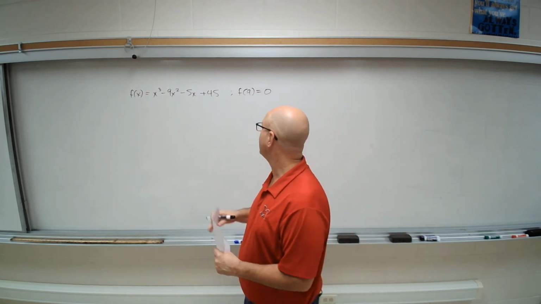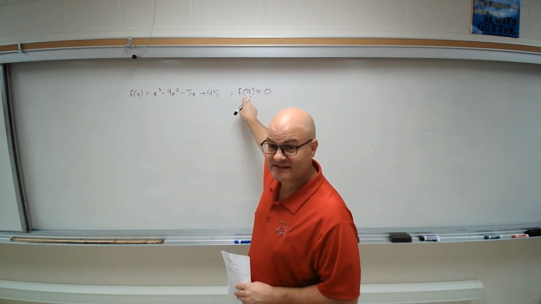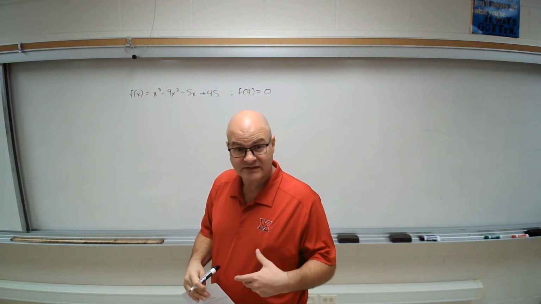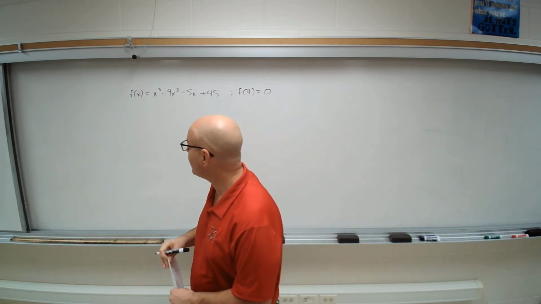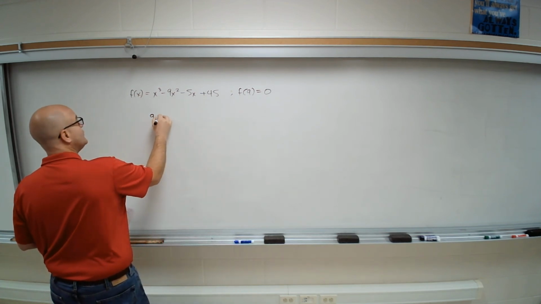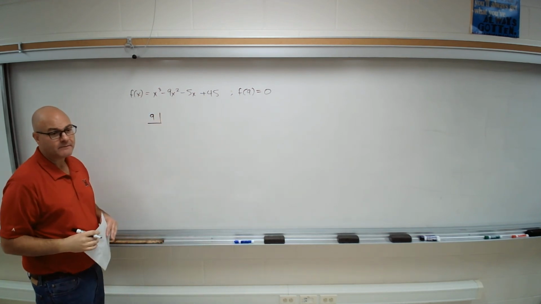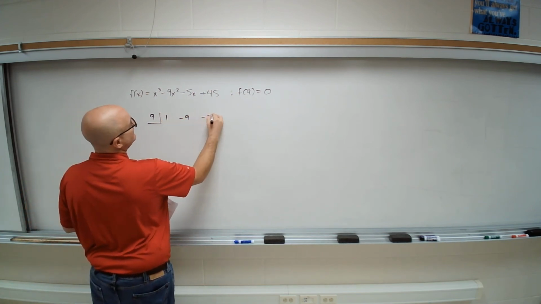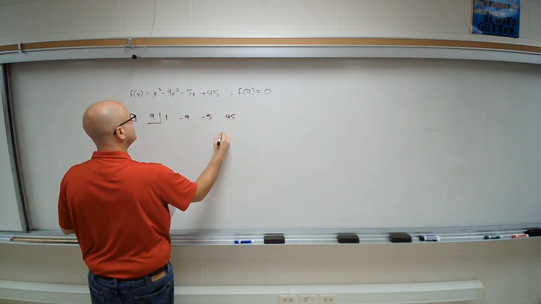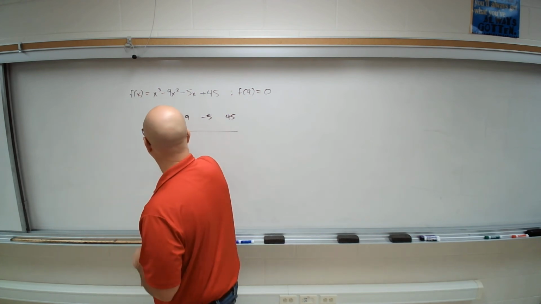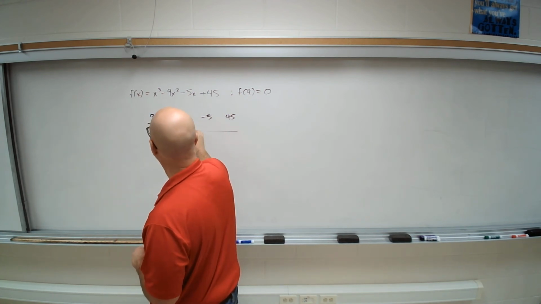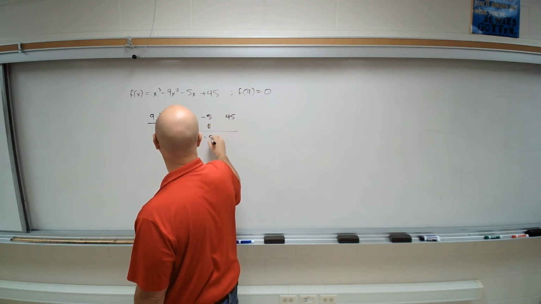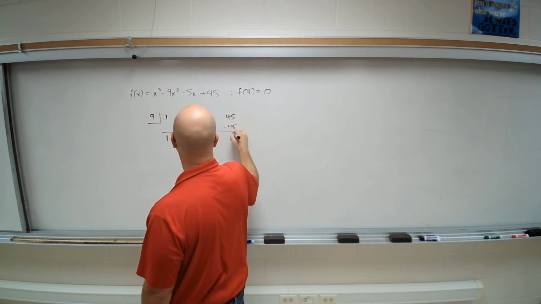We'll look at that. But we're asked to confirm that this is a 0. So we can confirm that by using synthetic substitution or synthetic division. Same thing. Kind of a different use form. So I put 9 in the corner. And then we get 1, negative 9, negative 5, 45. We get 1, 9, 0, 0, negative 5, negative 45, 0.